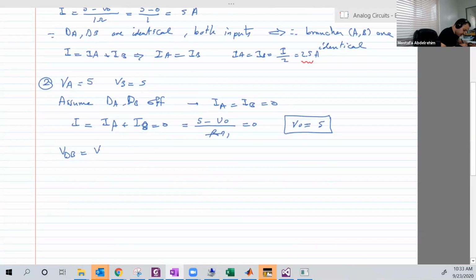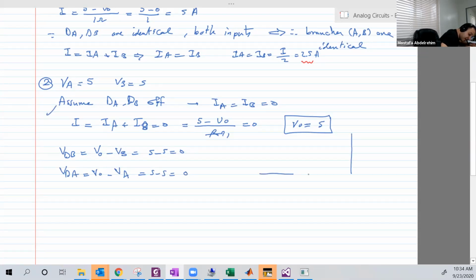So VDB is equal to VO minus VB, so 5 minus 5 is equal to 0. And VDA is VO minus VA, again 5 minus 5 is equal to 0. That proves that our assumption is correct.